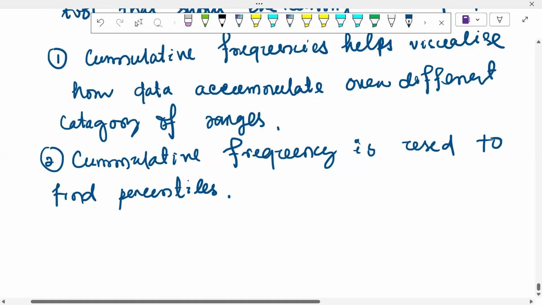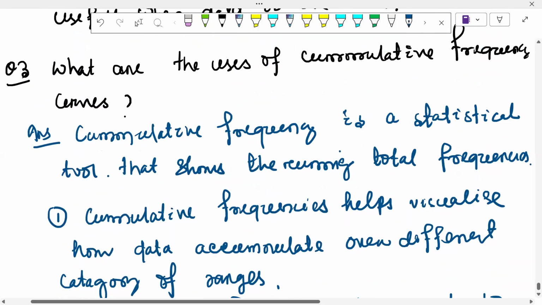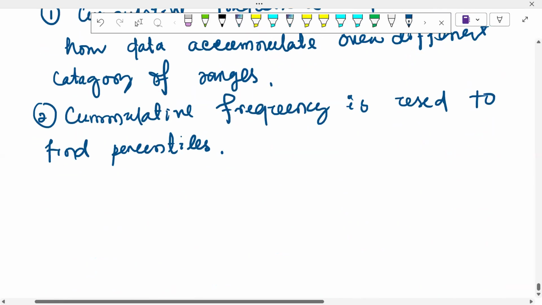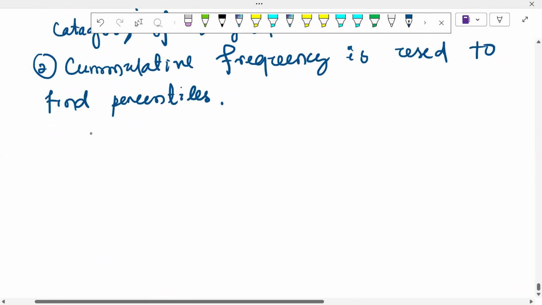Again, we are coming to another question. This is question number 3, and we come to question number 4. Find the mean of the following data.